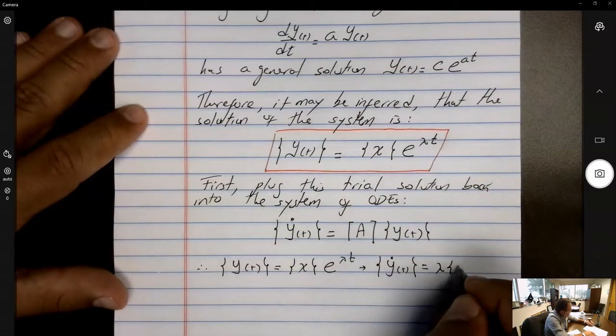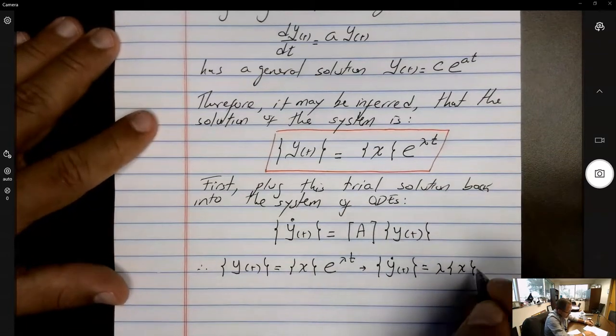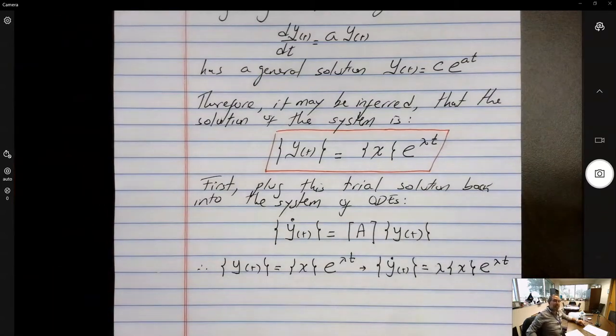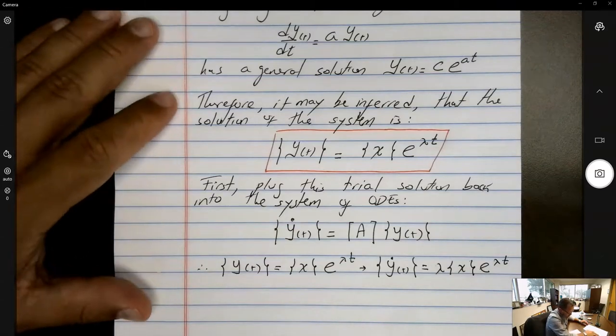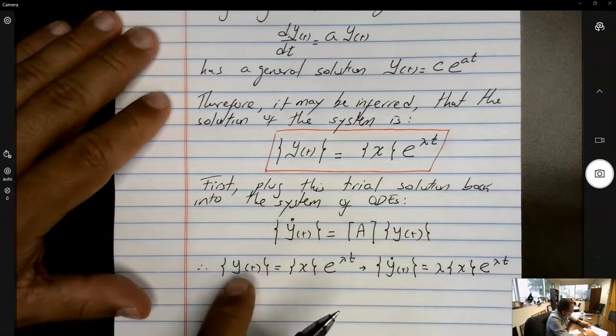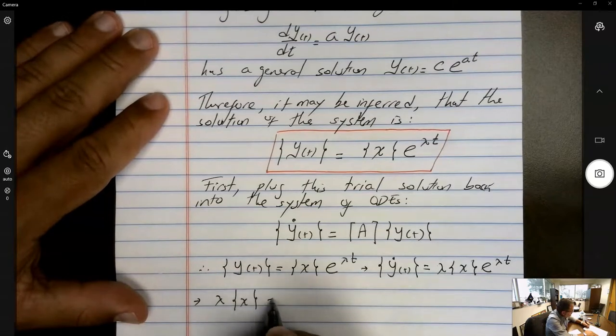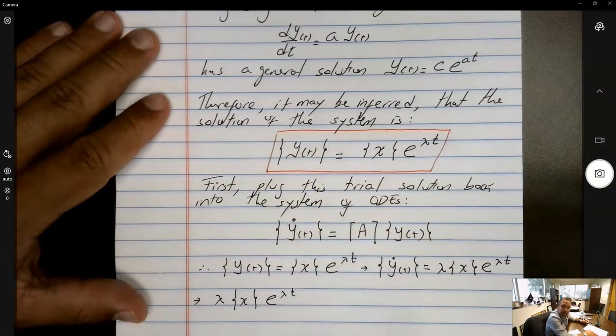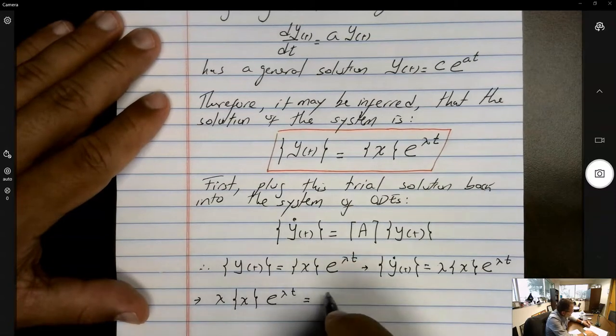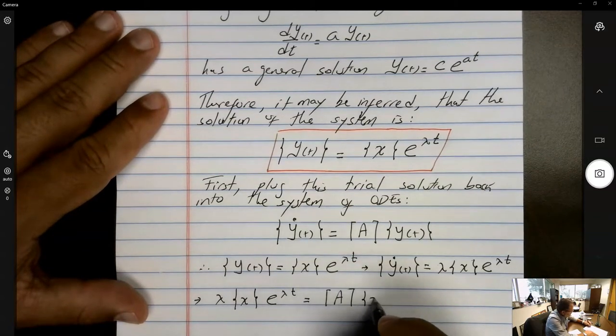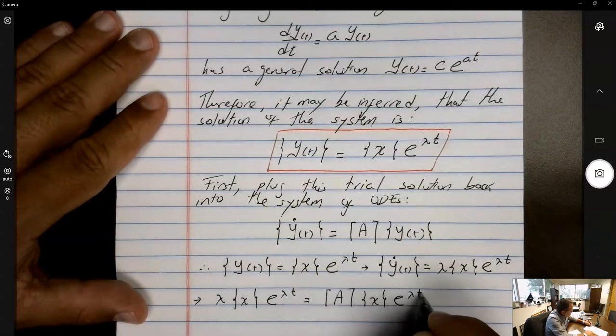then we'll get lambda times the constants of integration x times e to the lambda t. By the way, I use x not to denote that that's a space variable. X is just a vector that contains constants of integration. All right. So I'm going to plug these on the left and this on the right, and what I get is, therefore, lambda x e to the lambda t is equal to the matrix A times x e to the lambda t.